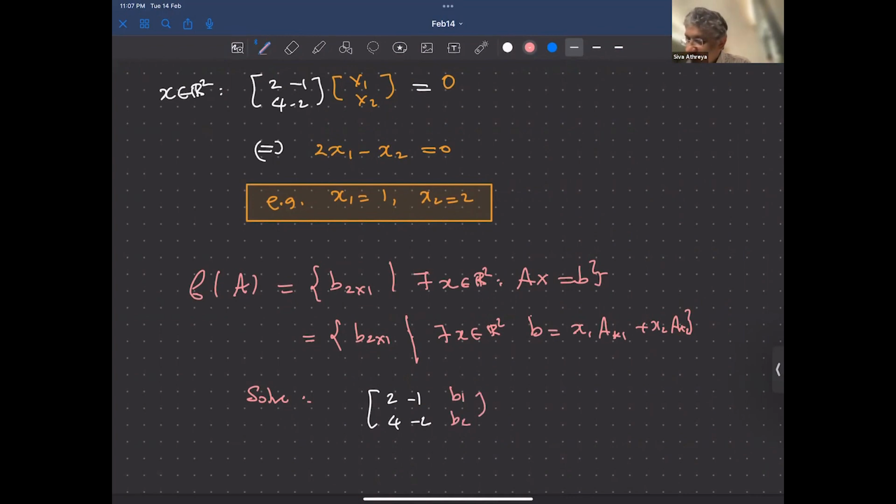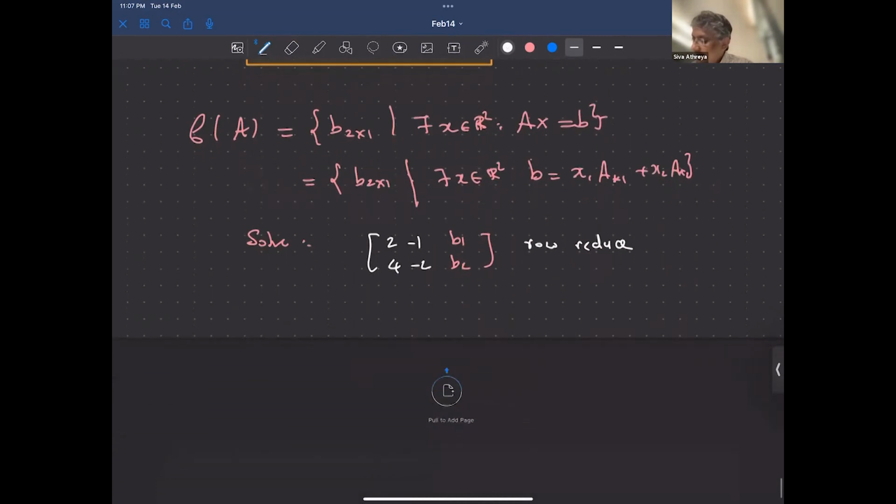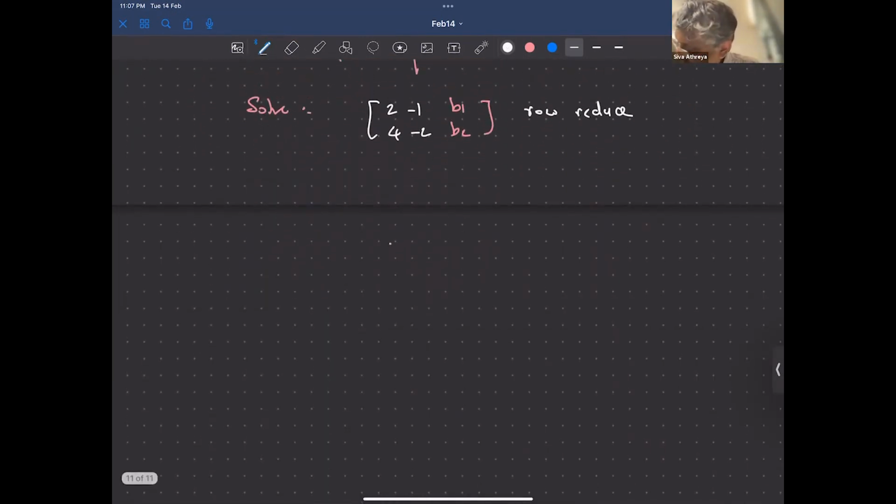So I row reduce. Then what do I get? I'll get 2, minus 1, B1 at the top. I do R2 goes to R2 minus 2 R1. And what do I get?